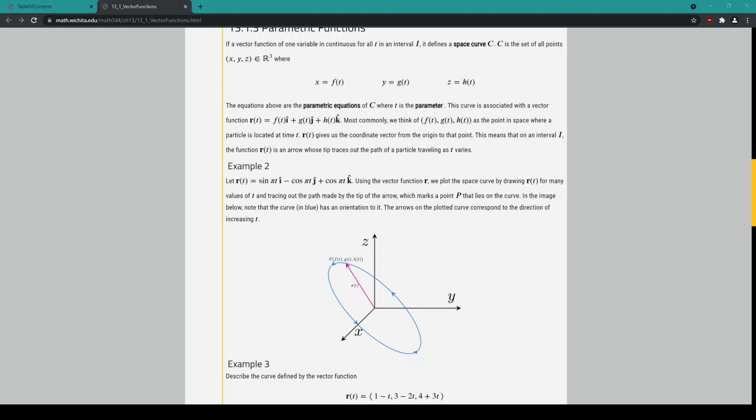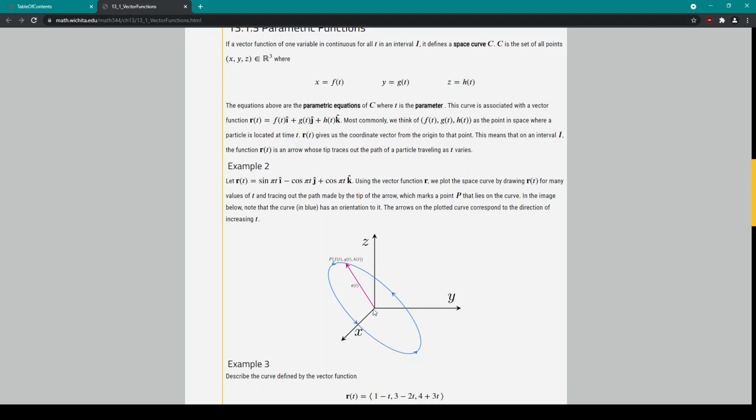Okay, and then there are a couple of important features of this that we need to keep in mind whenever we're drawing space curves, and that is the curve has an orientation to it, which is given by these arrows here. Okay, and then because these functions are all periodic, this curve would be one that if we allow t to increase, is just going to keep tracing over itself.